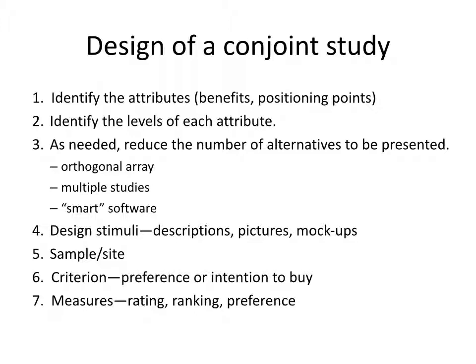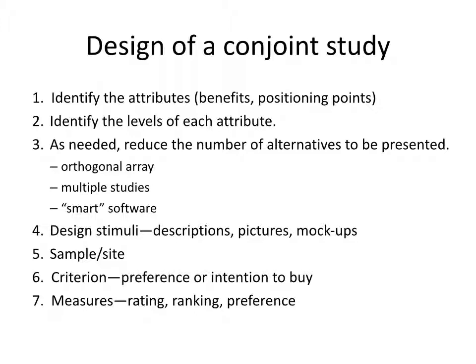So we've got the attributes identified. We know which levels to include. We've identified how many alternatives and which alternatives to present. Then the next step is to decide how to present those stimuli. The most common is text-based. A few words describe the product. In some cases, there may be pictures.